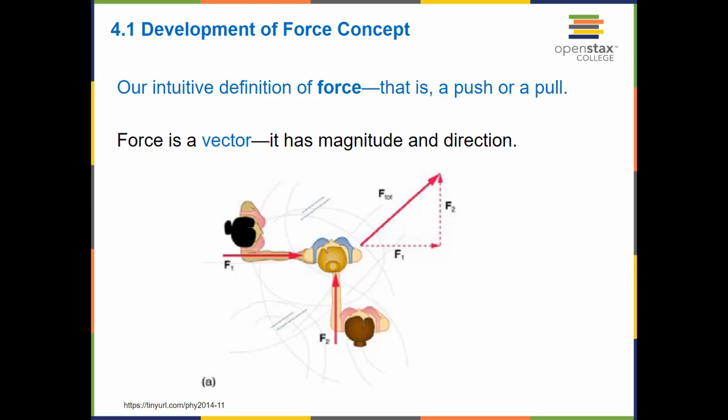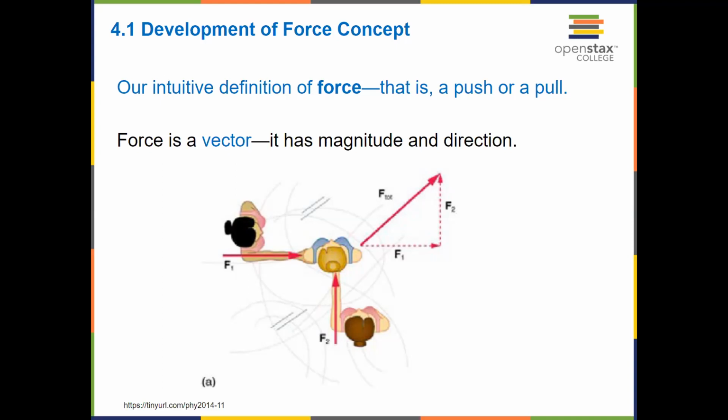Looking at the figure here, if you go ice skating with your friends and give your friend a push, then you will see your friend start moving, right? Either pushing or pulling, you are also giving a direction. That means a force is a vector, so it has magnitude and direction.